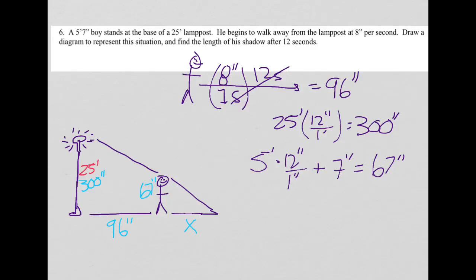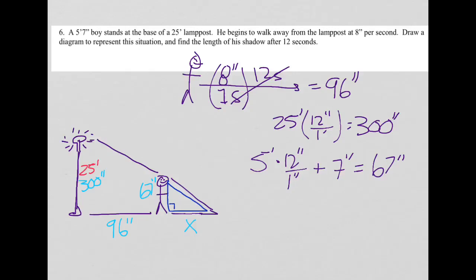Now, we want to find the length of his shadow, so we could look at this as two separate similar triangles. We could focus on this triangle right there, created by the length of his shadow and his height. That will be a little right triangle.